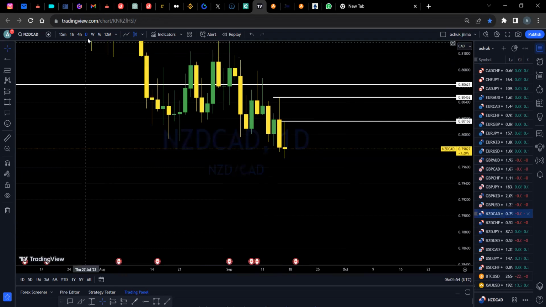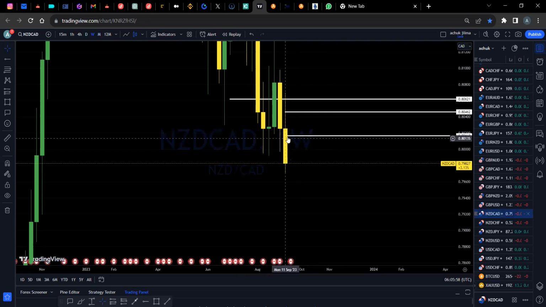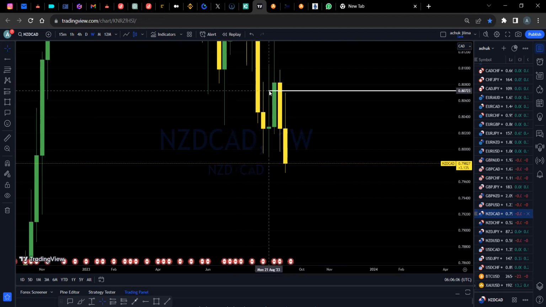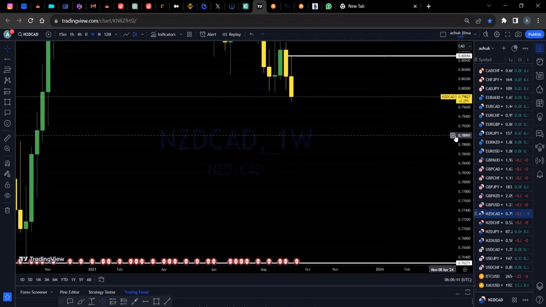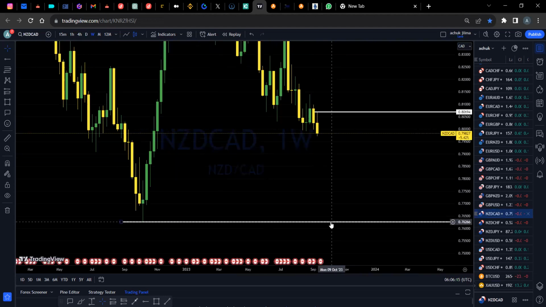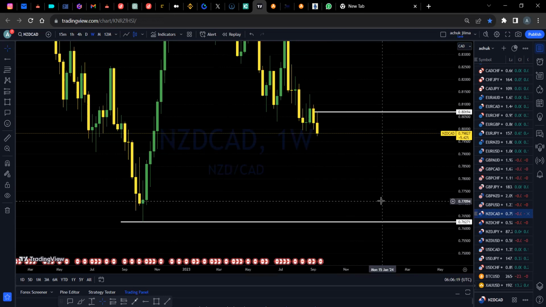So on the weekly chart, this will be our weekly high. And we're expecting price to come all the way up to these monthly lows, which is our support area.